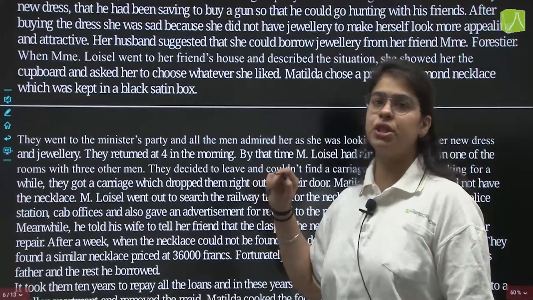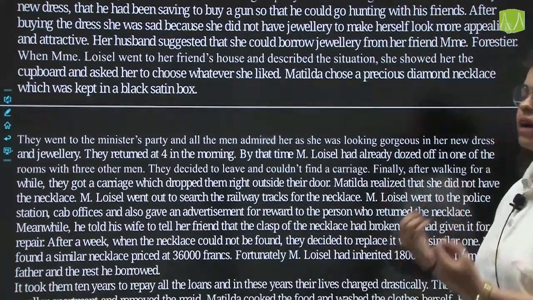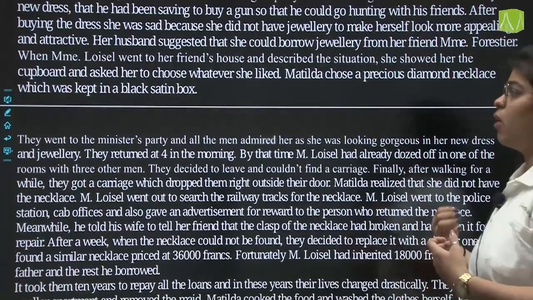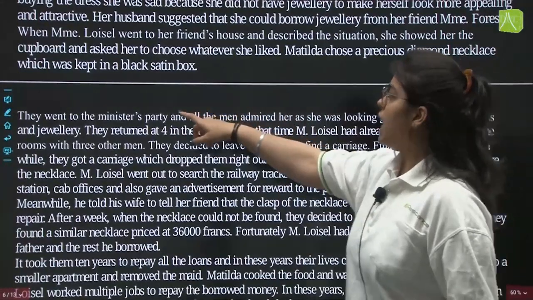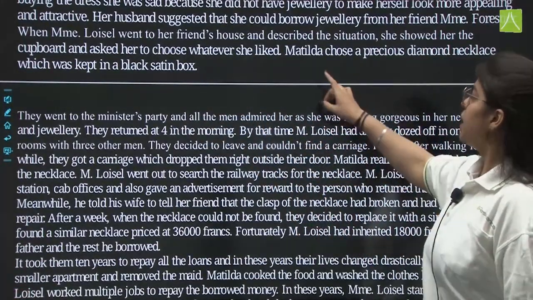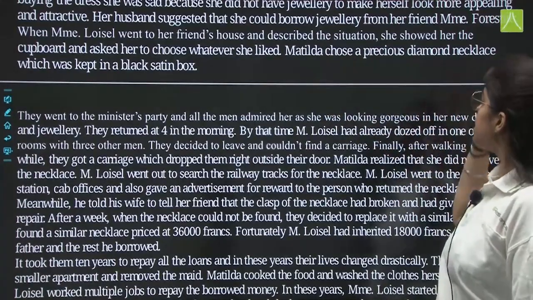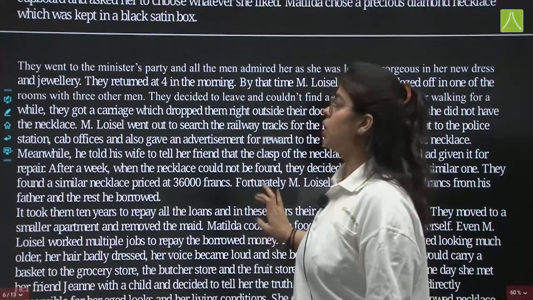Madame Forestier was kind enough to help her friend, and she did not say even a word like, why are you picking up my jewelry, or why don't you purchase one for yourself. She was kind enough. She asked her to choose whatever Madame Loisel liked. So Matilda chose a precious diamond necklace which was kept in a black satin box.